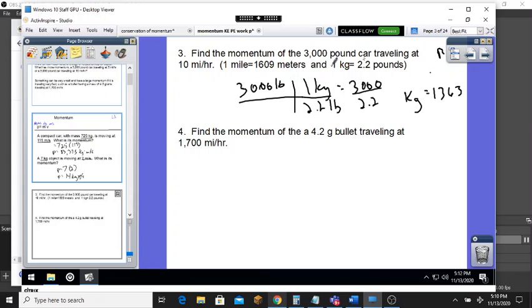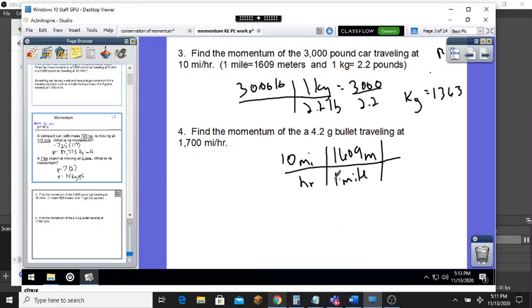And let's convert 10 miles per hour to meters per second. So I'm going to come over here. 10 miles per hour. I give you here that in 1 mile, there's 1609 meters.